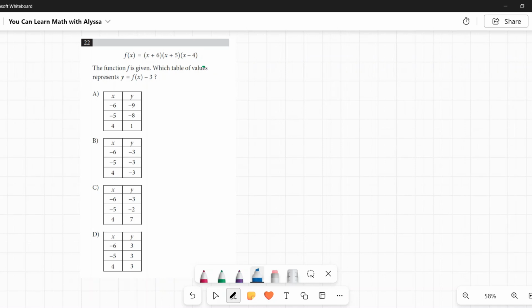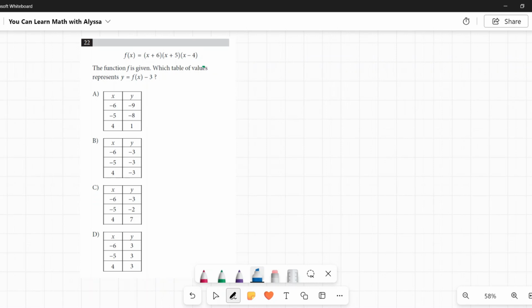One is problem specific. For the general one, if you were given a problem like this on the SAT, you're going to look first. They all have the same x's: negative 6, negative 5, 4. Okay, they're all the same. But the y outputs are all different. You're going to look for an x where the y is different for each table.